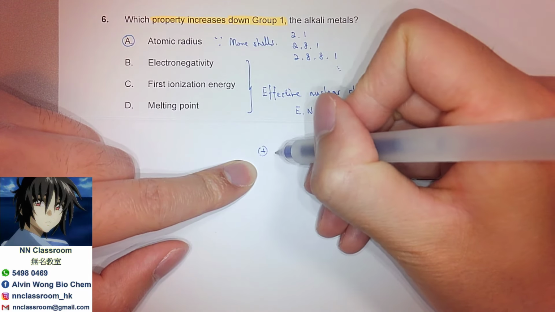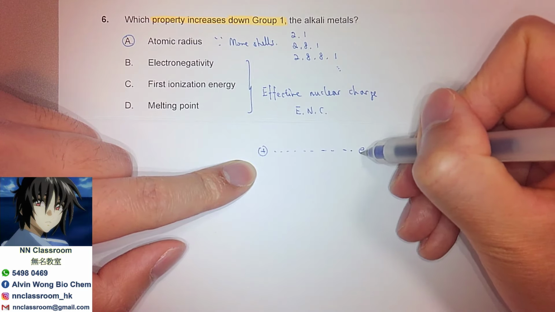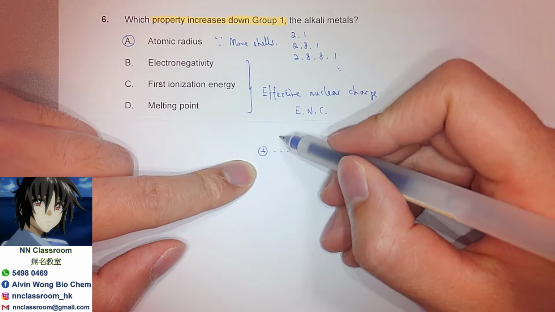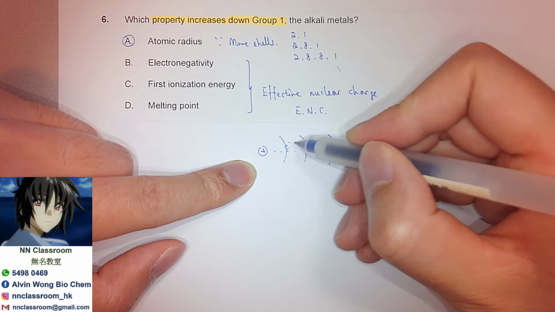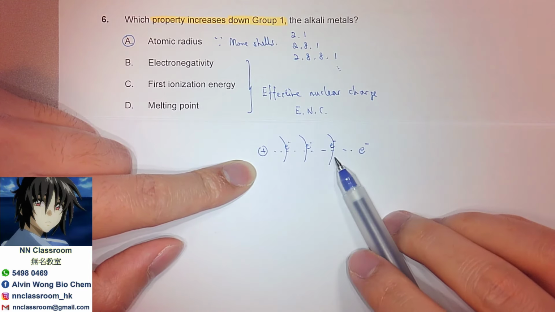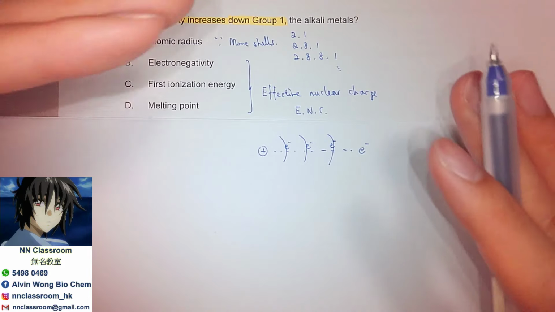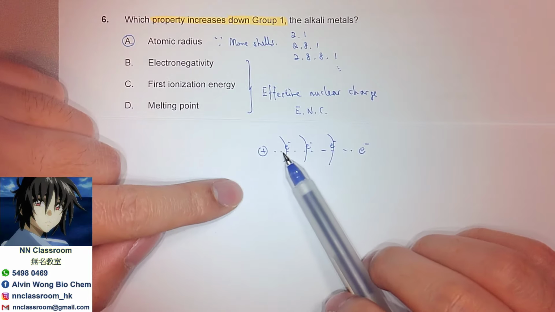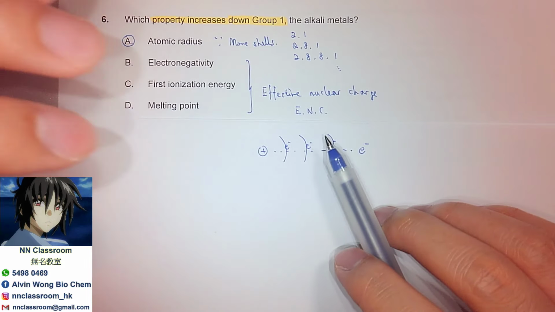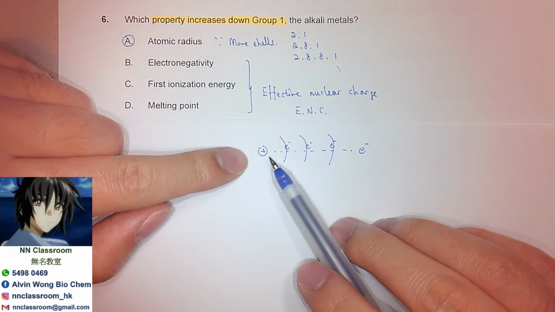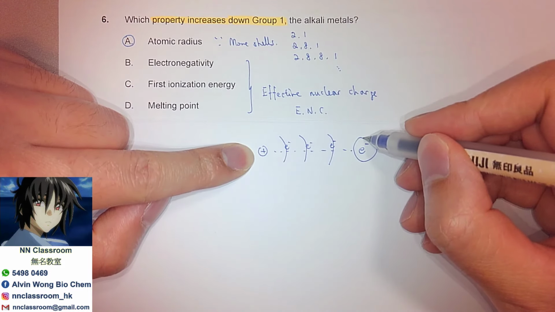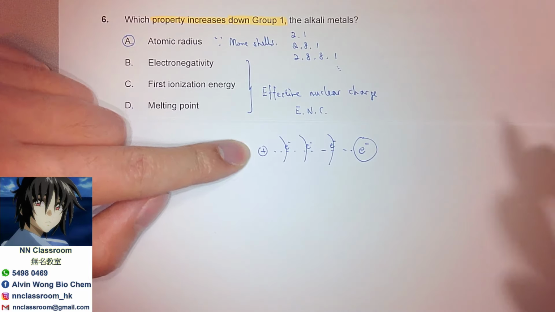The nucleus should exert some attractive force to the outside electrons, but there's a reduction because of the inner shell electrons, which exert what we call the shielding effect. So the net consideration after combining the nuclear charge plus the shielding effect is the strength of how strongly the nucleus can attract the outside electrons. That is what we call the effective nuclear charge.